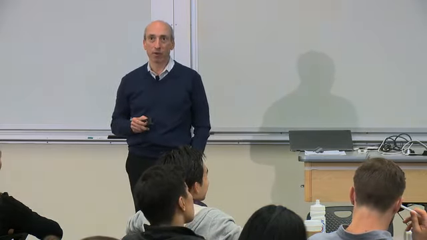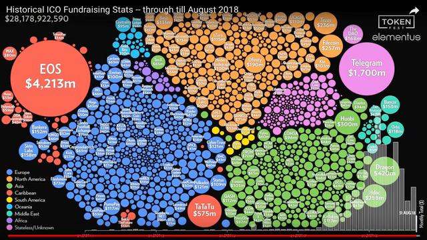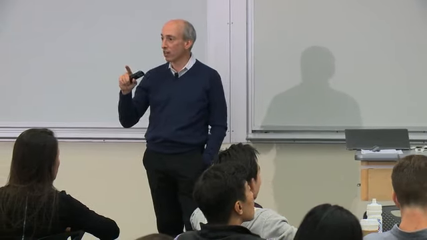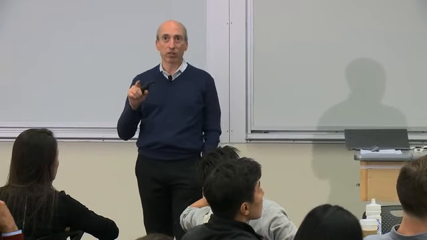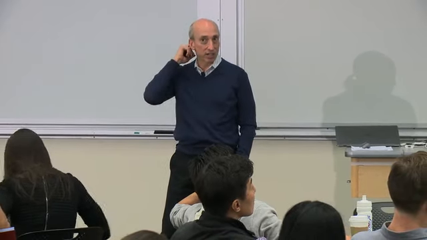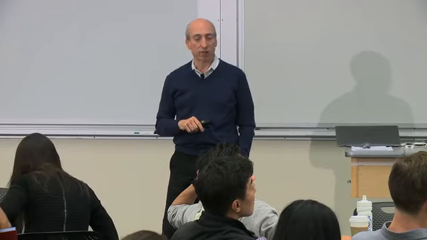Let me try to wrap up so that I can hand it off to Larry. There has been $28 billion raised, per one website, Elementus. Others that track it think it's only between 20 and 25 billion. There are no official figures and no official records, but the $28 billion raised in initial coin offerings is shown in a neat video that I took the last slide of from Elementus.